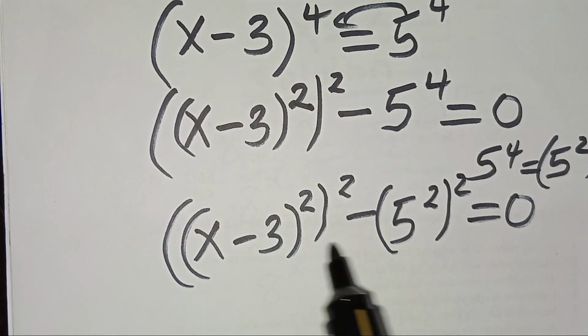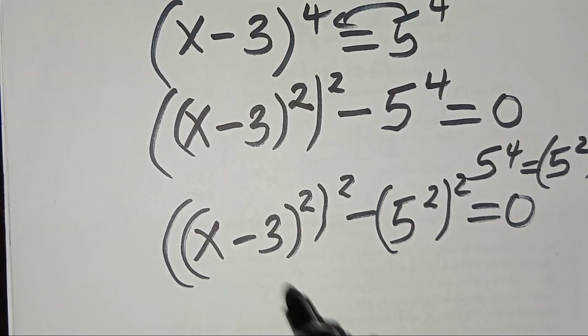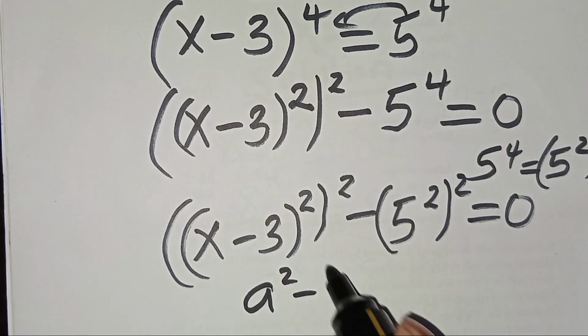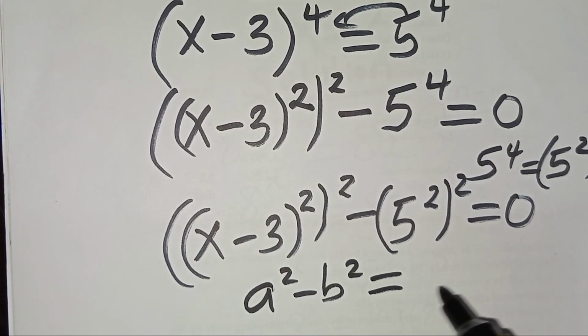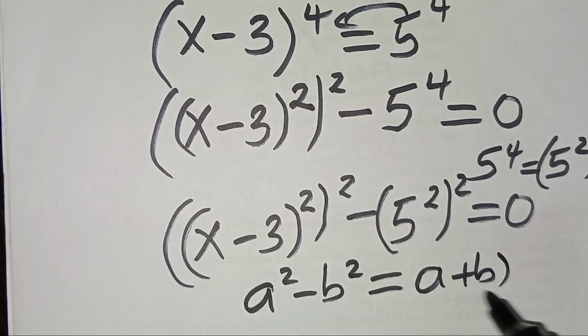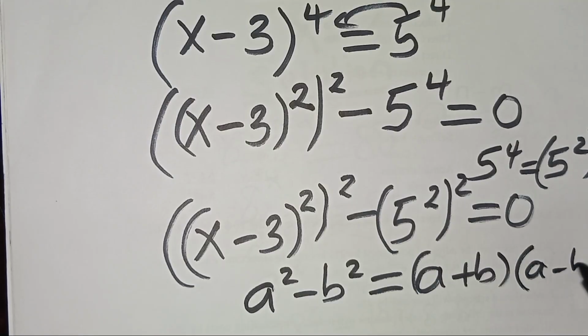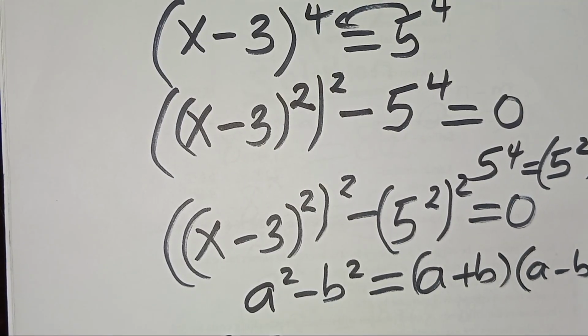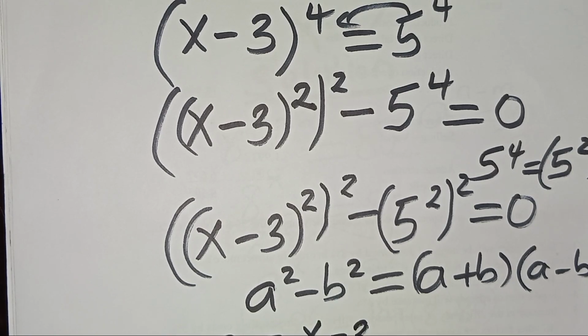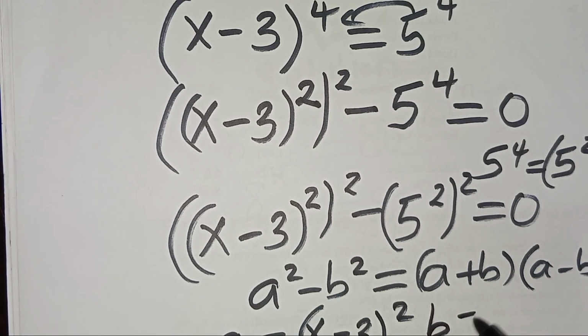Now, this is actually in the form of a squared minus b squared, which you can express as (a + b)(a − b). Applying this property, we'll have a as (x − 3)^2, and b as 5^2.